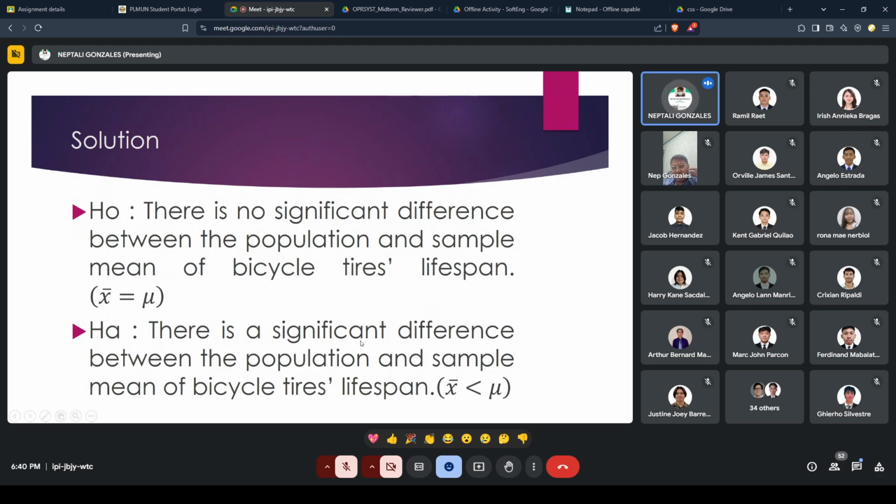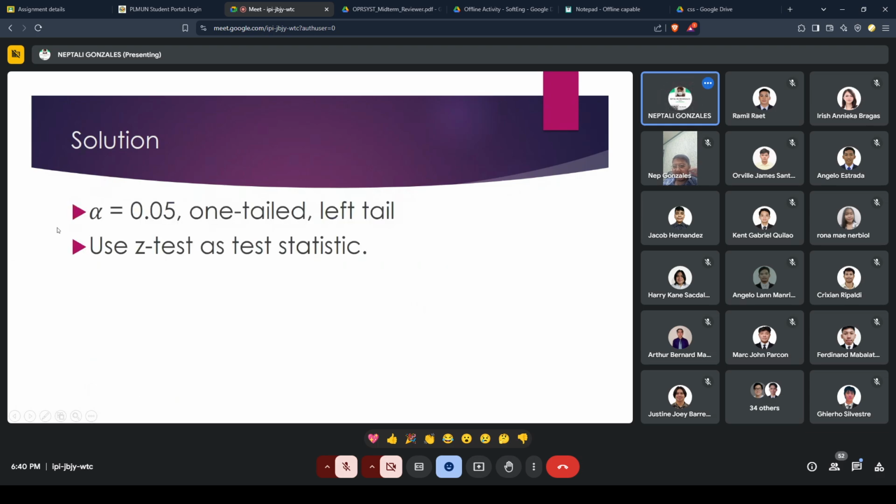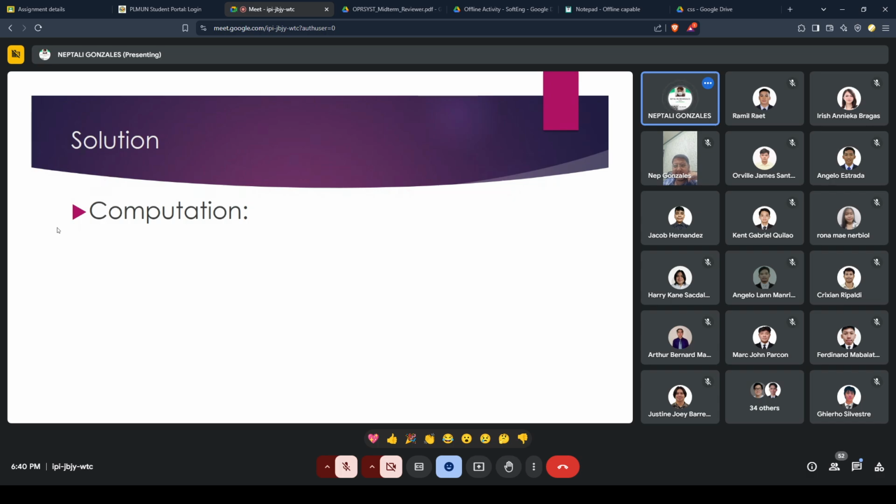Here, it is left tail because our claim is that the sample mean is less than the population mean. Again, we will focus on the usage of the z-test as test statistic. So we will use z-test as test statistic.